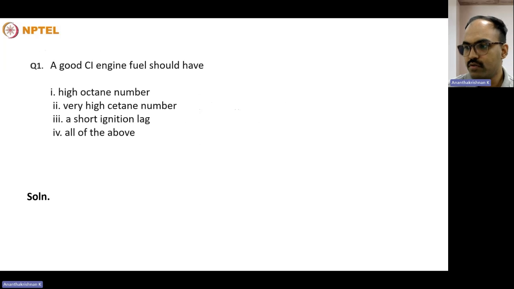So we can actually move into the problems. First problem: a good CI engine fuel should have high octane number, very high cetane number, a short ignition lag, all of the above. Try to think about it.